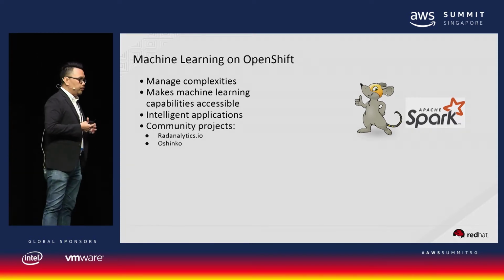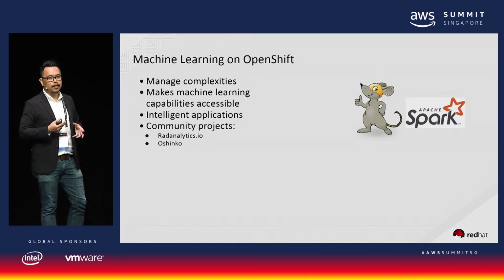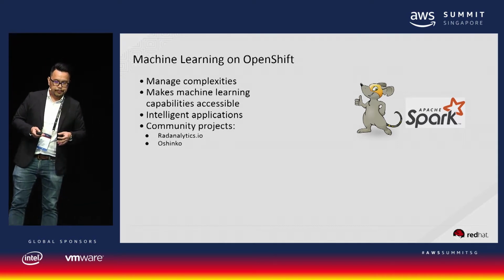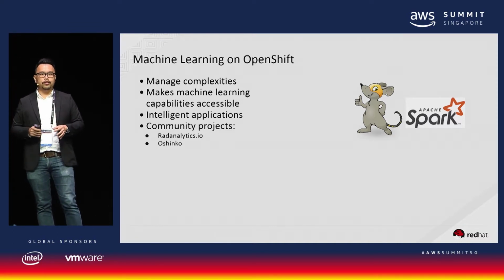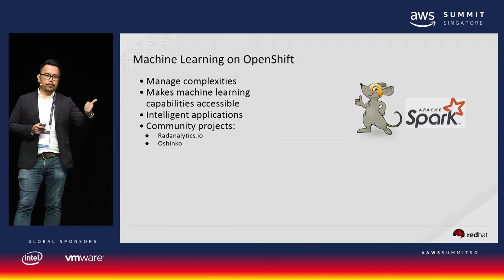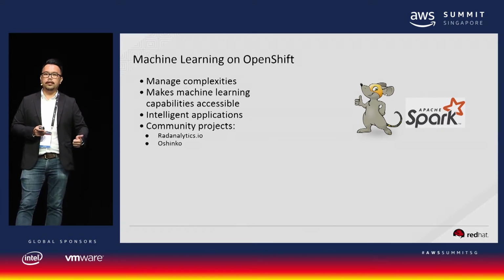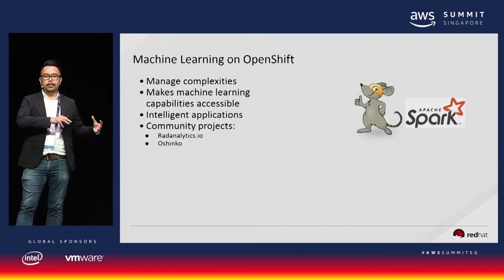We want to make machine learning capabilities easy to access and support the data science workflow. With this project, we also bring along a suite of open source projects like OceanCore, Jupyter, Kafka, and many others to make machine learning work at a container level.